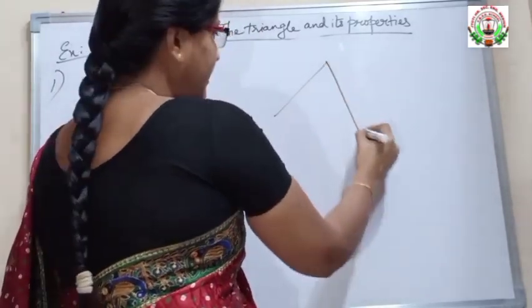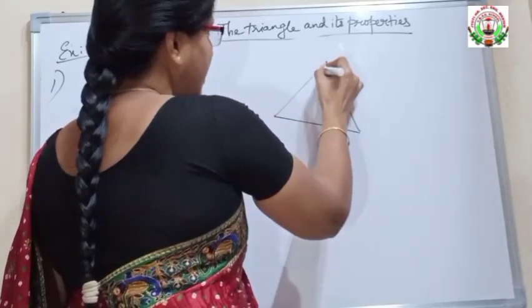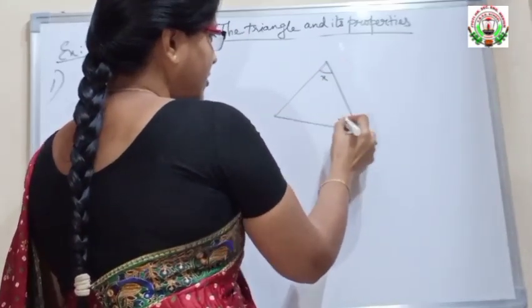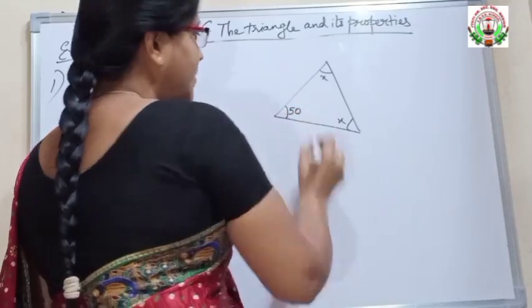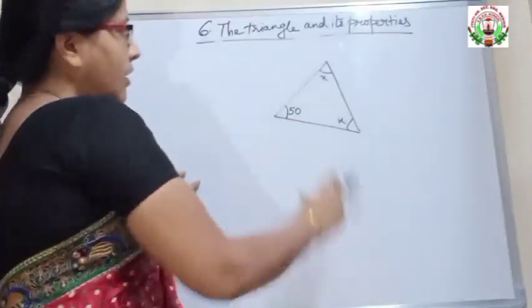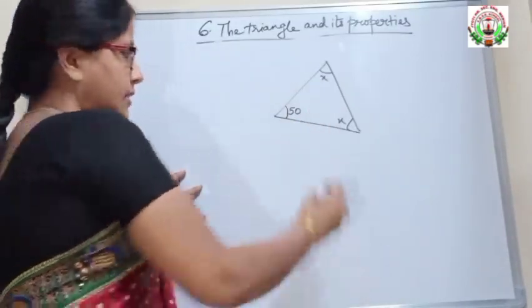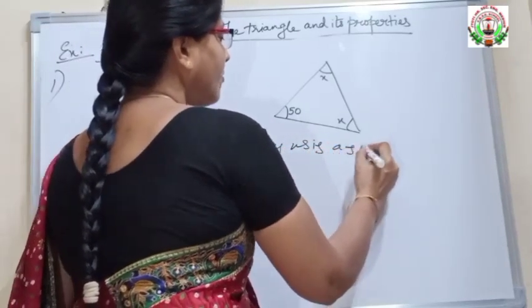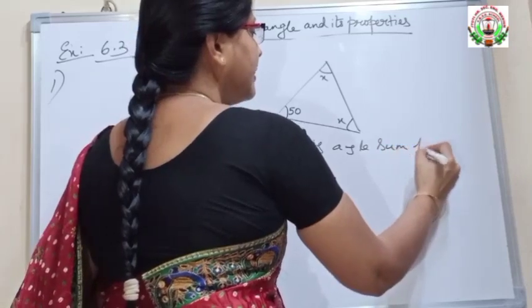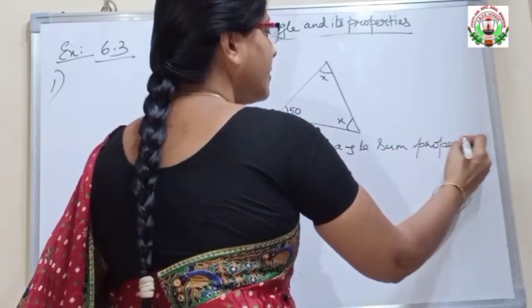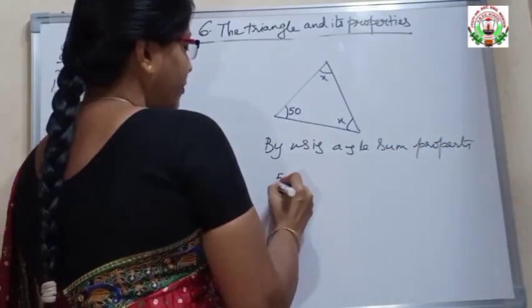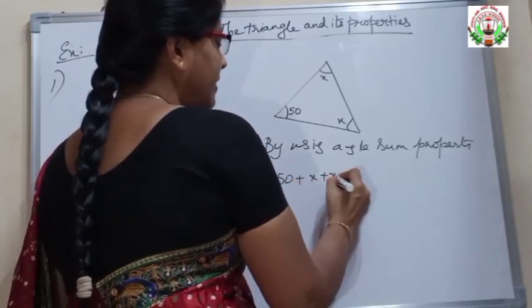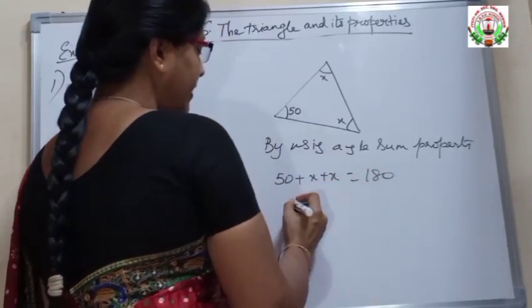So it is given like this. Here also x, here also x and here it is given as 50. We have to find this x. See again by using angle sum property, 50 plus x plus x is 180.